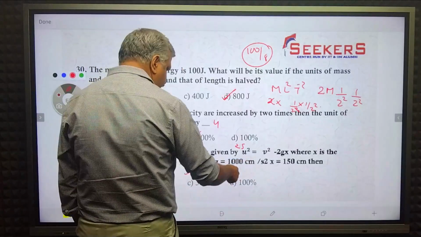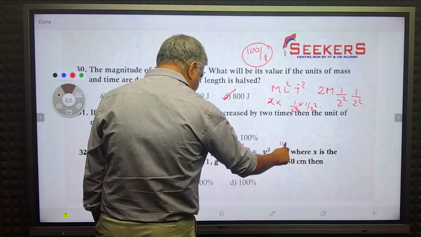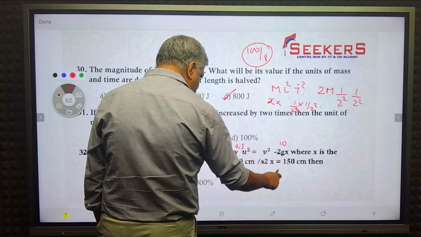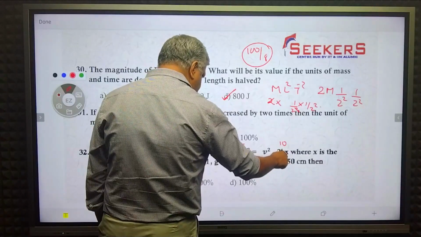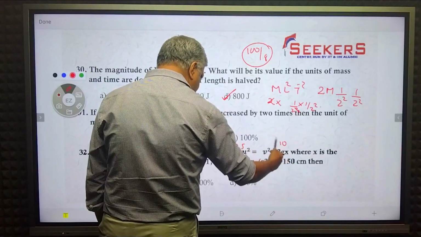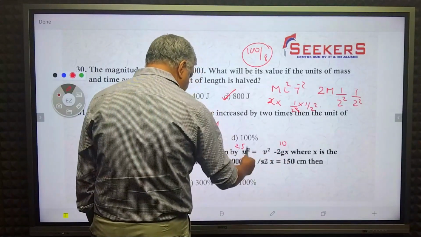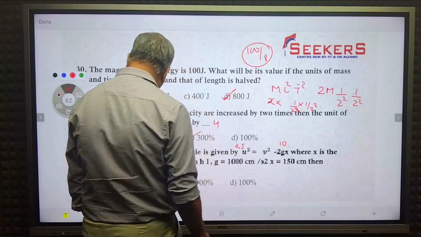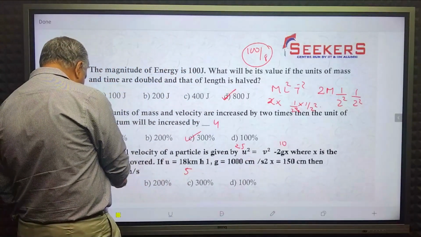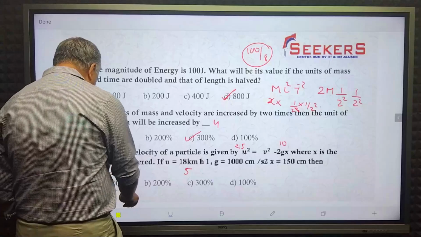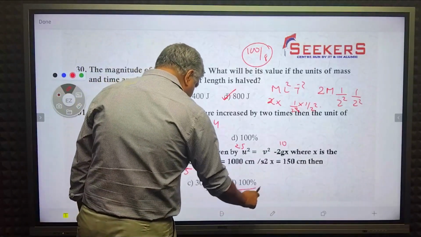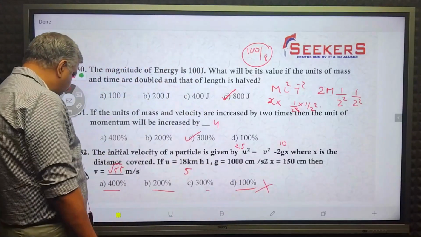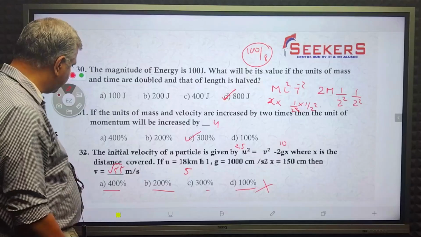G is 10, x is 1.5, so 2 into 10 is 20, 20 into 1.5 is 30. 30 comes this side, so v squared becomes 55. But they are asking you for v, so v should just be square root of 55, but here, as a percentage, if they are given, then there is an error in this question, that cannot be the right one. Okay, there is some error in the question.